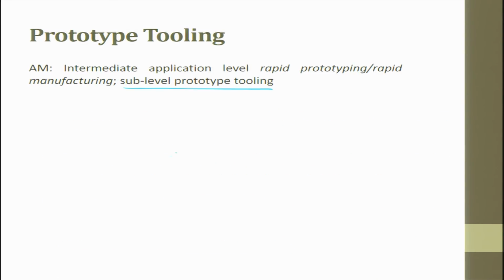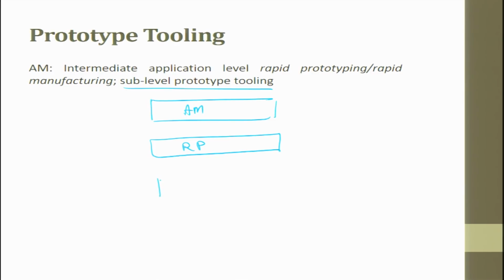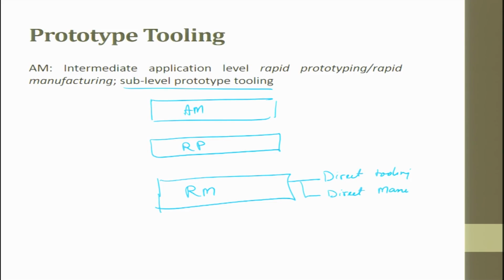So, where does this sub-level come? This sub-level comes here. You have additive manufacturing, you have rapid prototyping, you have rapid manufacturing. So, here you have direct tooling, you have direct manufacturing, okay.